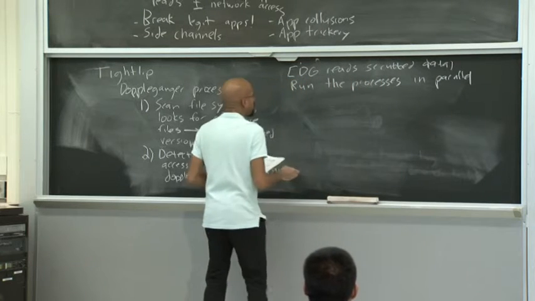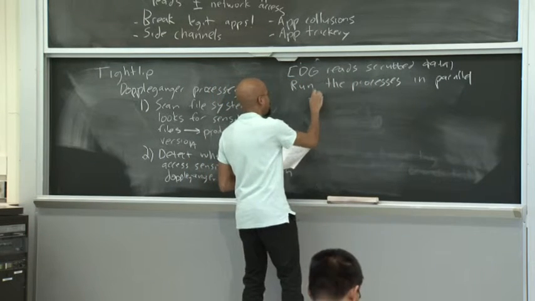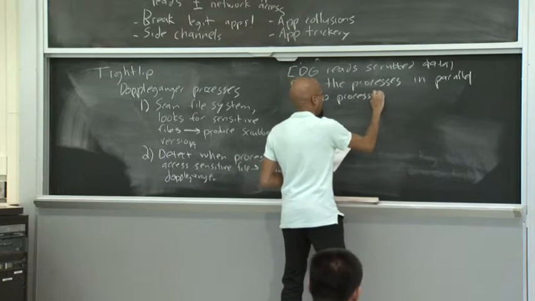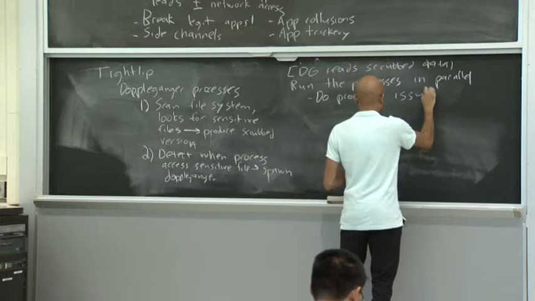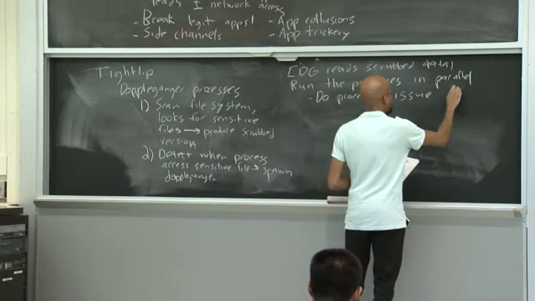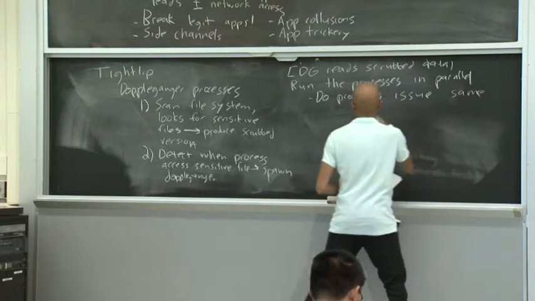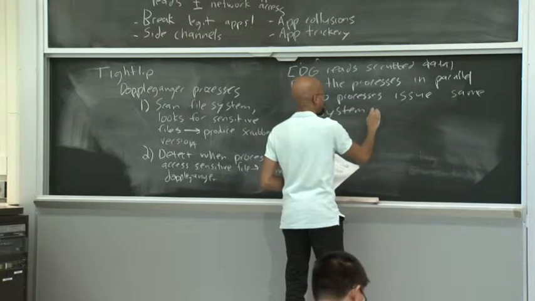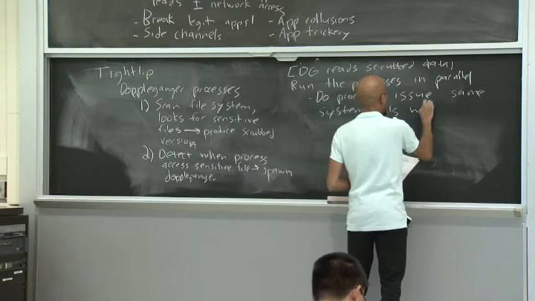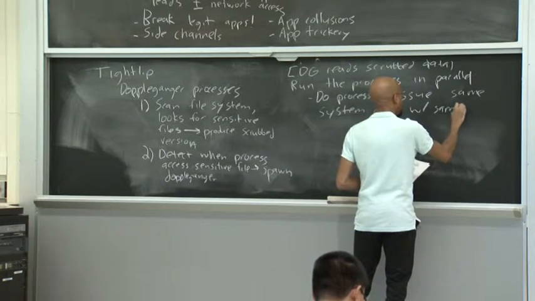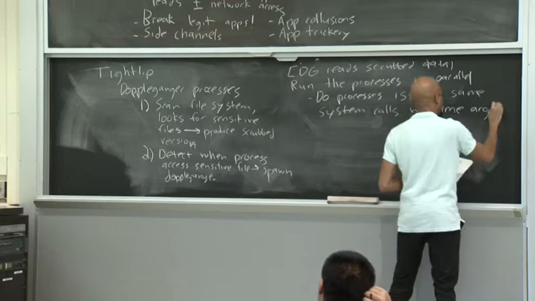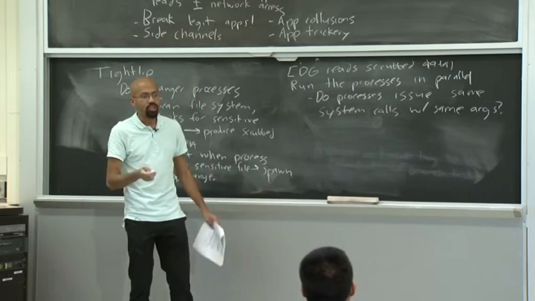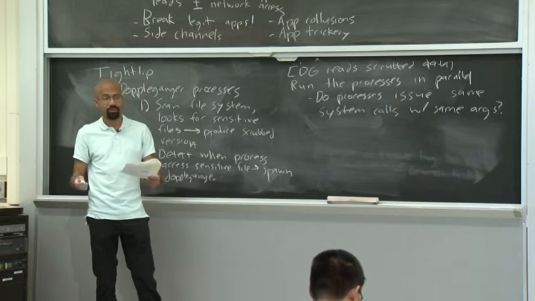In particular, we're going to see whether the processes issue the same system calls with the same arguments. If that's the case, then presumably those system calls do not depend on the sensitive data.